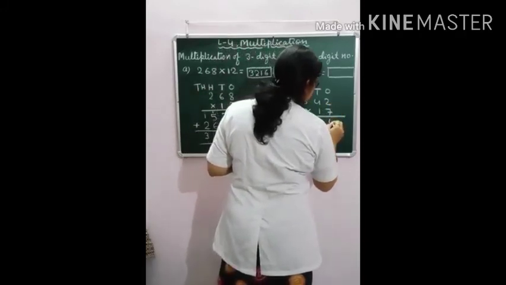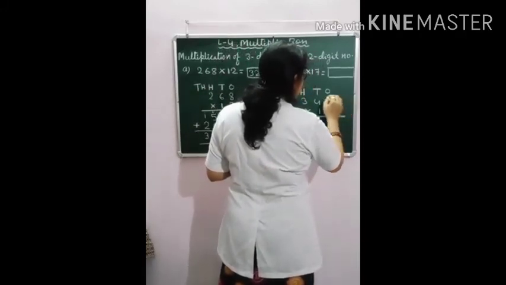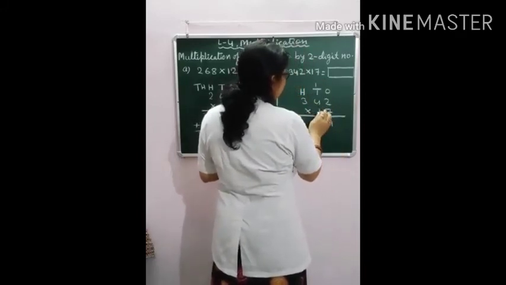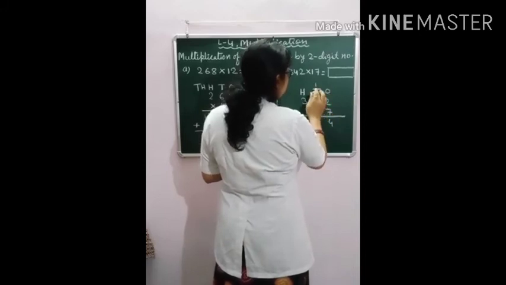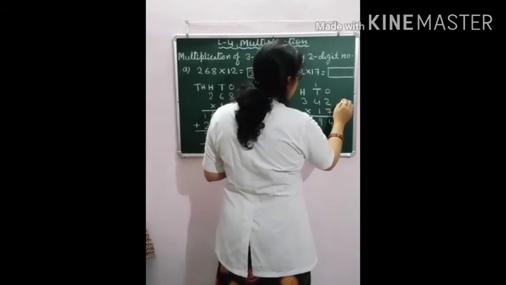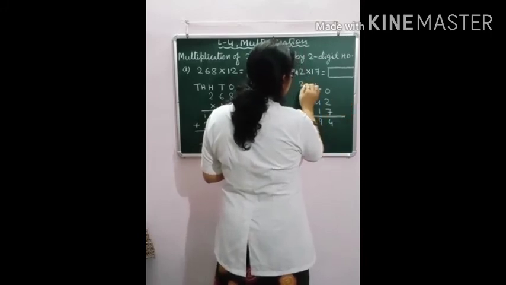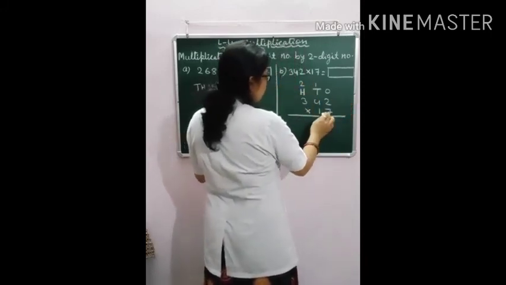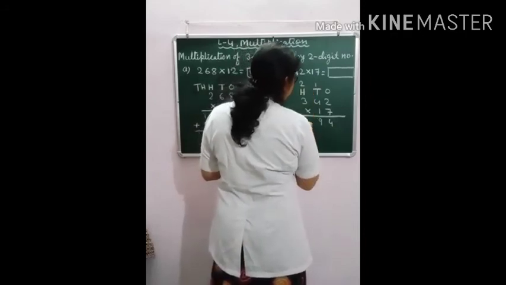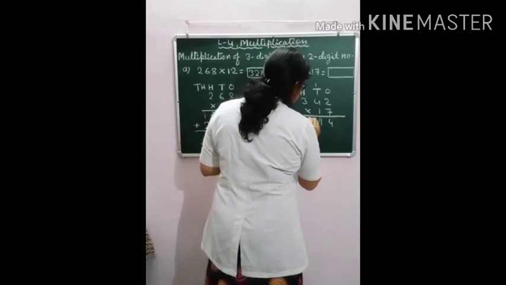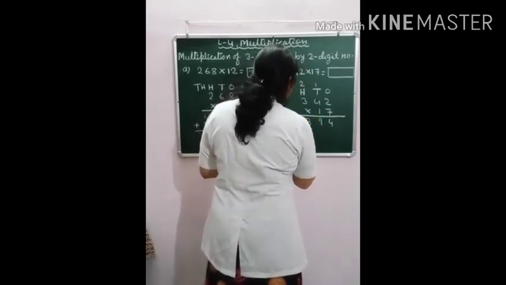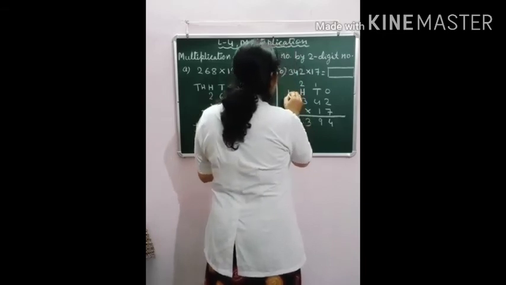We'll write 4 at the ones place and 1 will be carried forward to the next place. 4 7s are 28. 28 plus 1, 29. We will write 9 at the tens place and 2 will be carried forward to the next place. Now 7 3s are 21. 21 plus 2 is 23. So we will write 3 at the hundreds place and 2 at the next place, means thousands place.